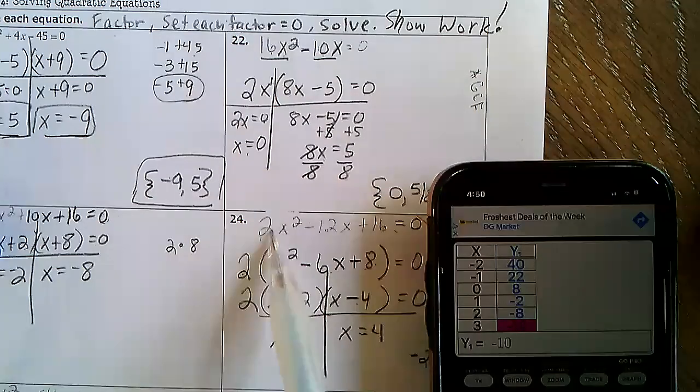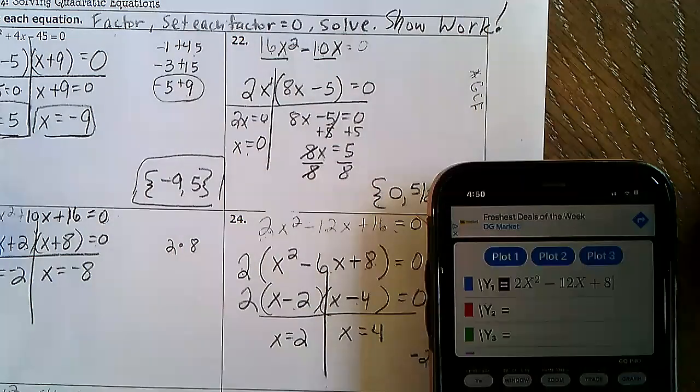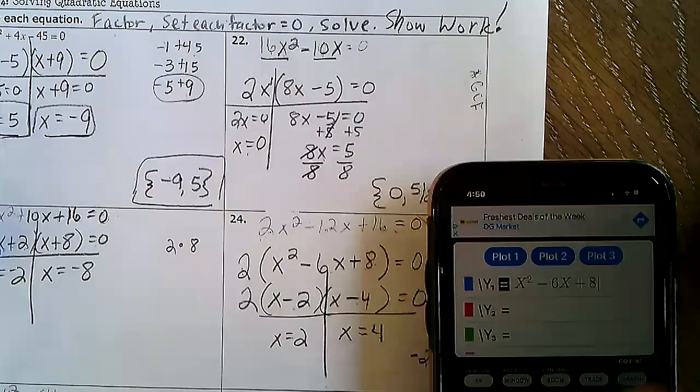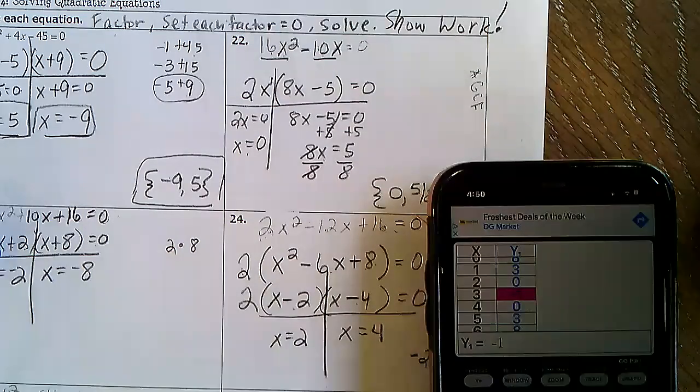Because this greatest common factor had to come out first. So what I need to put in is x squared minus 6x plus 8. So put in the formula after you factor out. 2, 0, and 4, 0 are going to be my zeros.